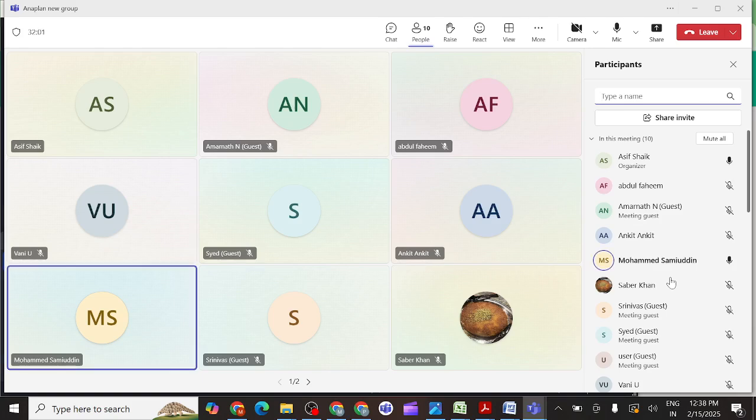We have to calculate the expenditure, what we are spending. Spending comes under the outflow.